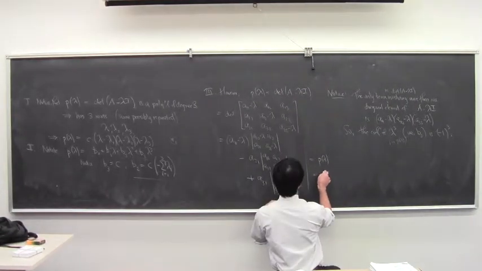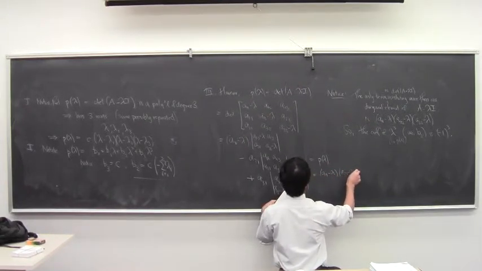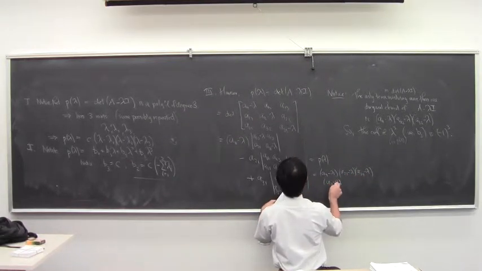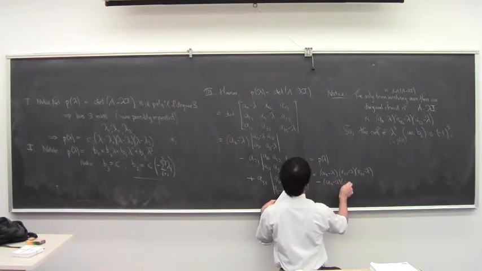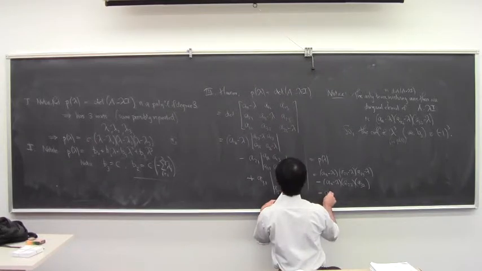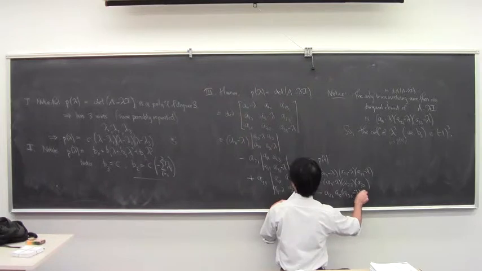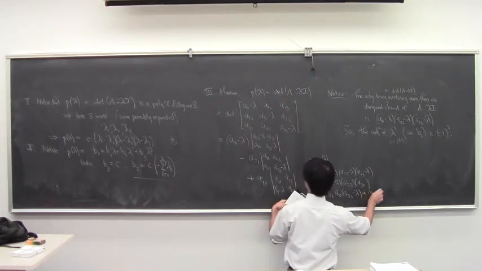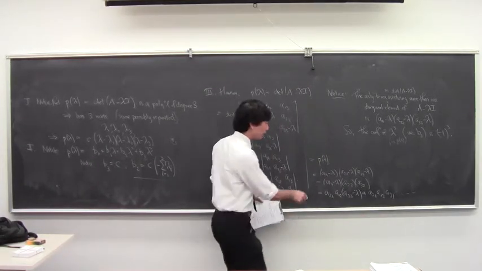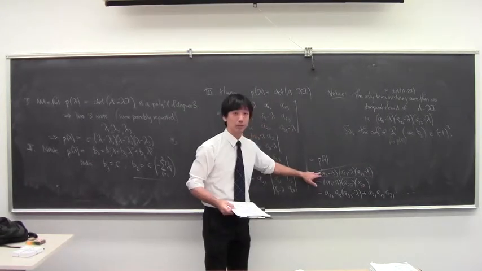It's going to be a11 minus lambda times a22 minus lambda, a33 minus lambda, minus a23, a32, minus a21, a12, a33 minus lambda, plus a21, a13, a31, etc. You see that the only thing that has more than one of these diagonal elements in it is this first one.